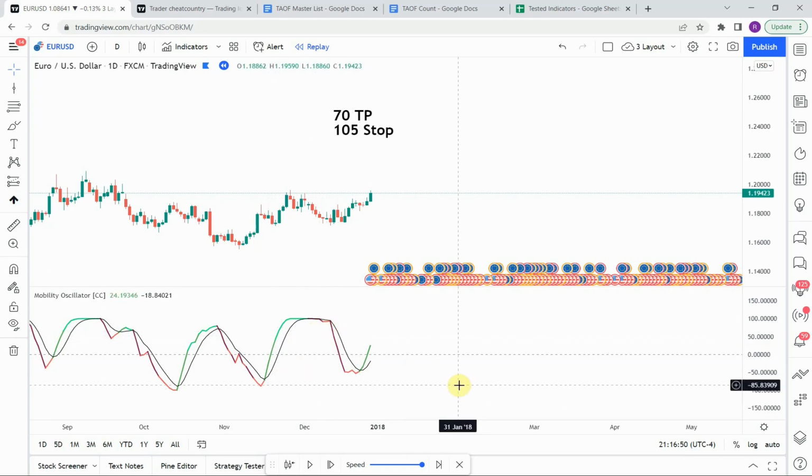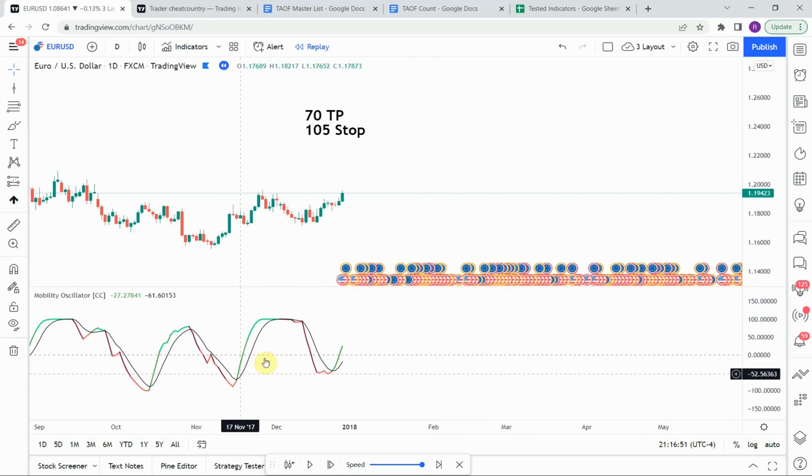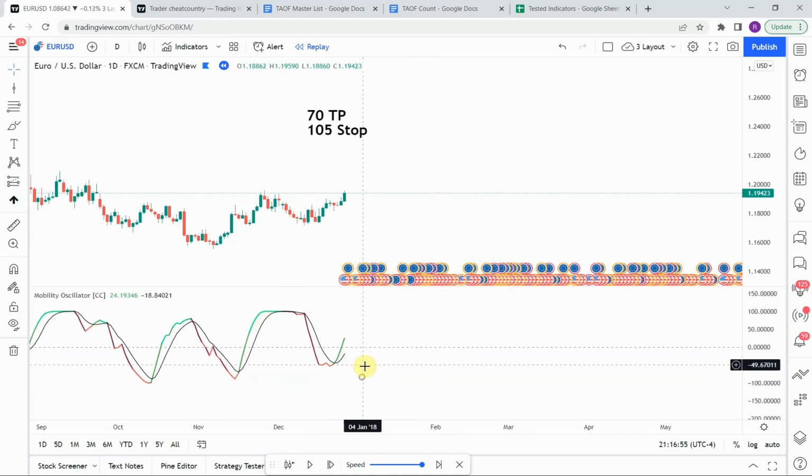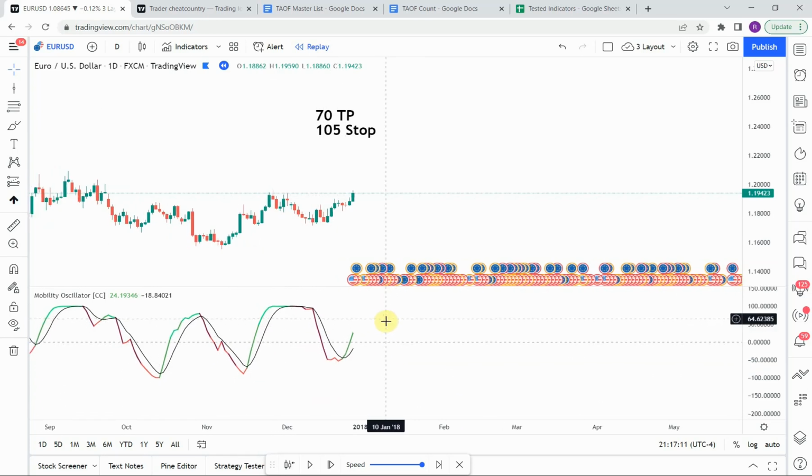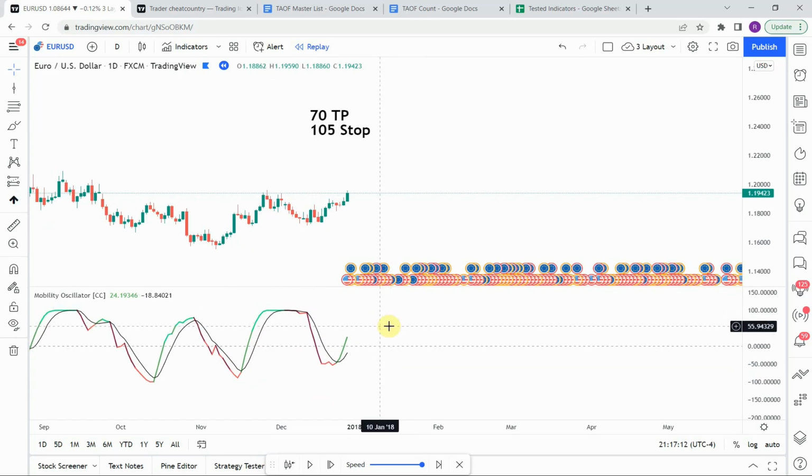And so what we're looking for is obviously that break to the upside or the break to the downside. So when it switches to that green color, then we are going to go long. When it switches to the maroon color or the red color, then we are going to go short. So pretty simple setup. Let's go ahead and get on with the testing and see what we can get out of this.